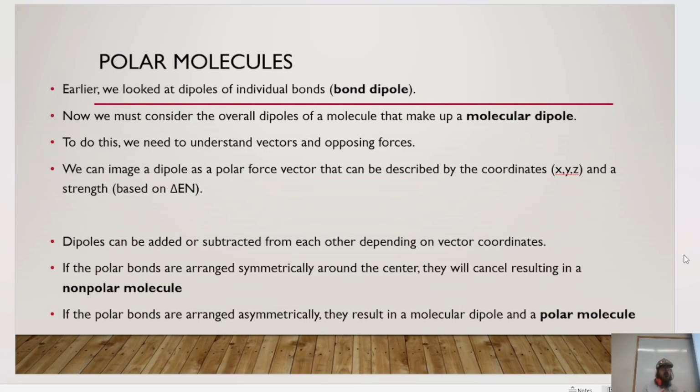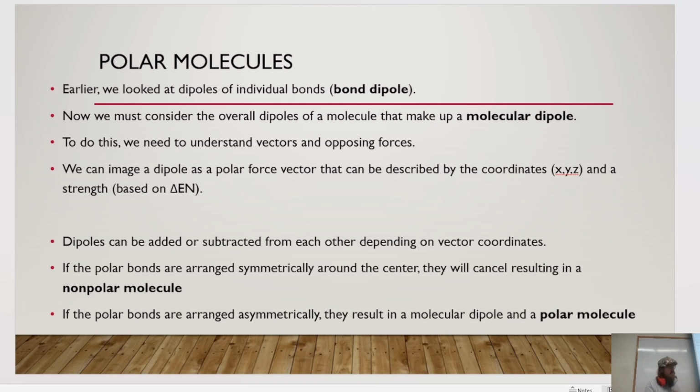So, last chapter we looked at the idea of a bond dipole, but the basic idea is that if we have a difference in electronegativity, a difference of attraction of electrons, an individual bond can show a difference in charge. It's not as big a difference as, say, an ionic structure where we have a full cation and a full anion, but it is a very real charge there.